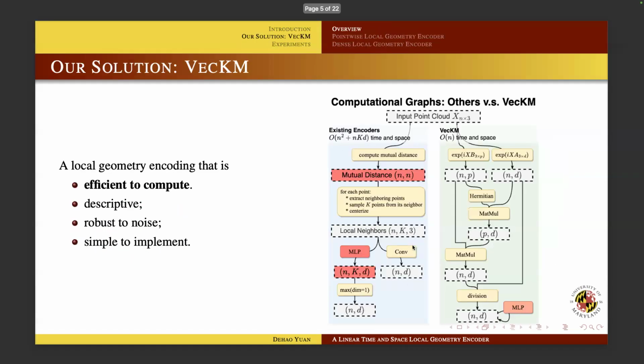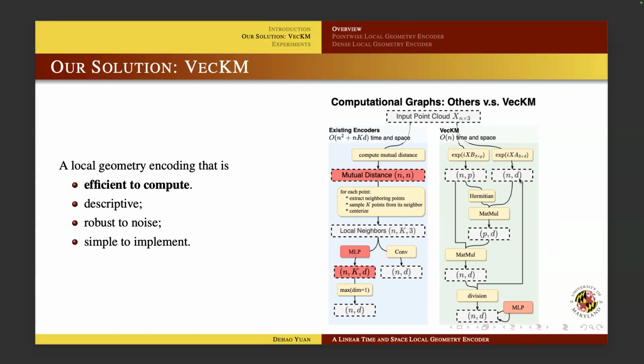In this paper, we want to propose a solution that solves the local geometry encoding problem but is very efficient to compute. If you look at the computational graph on the right-hand side, this is our computational graph. I will explain later why this computational graph produces a local geometry encoding. But if you look at it, there is no bottleneck here.